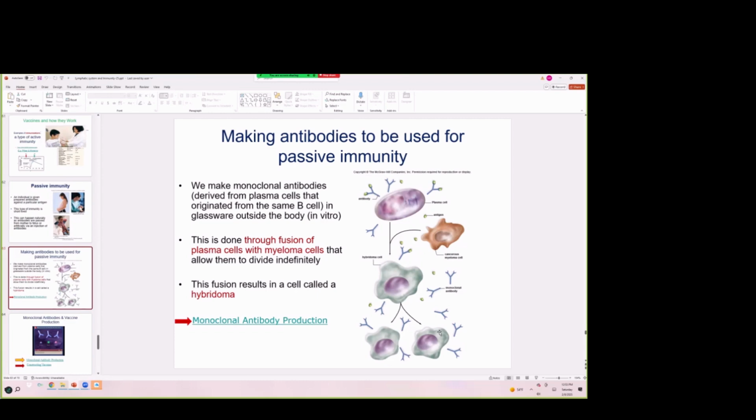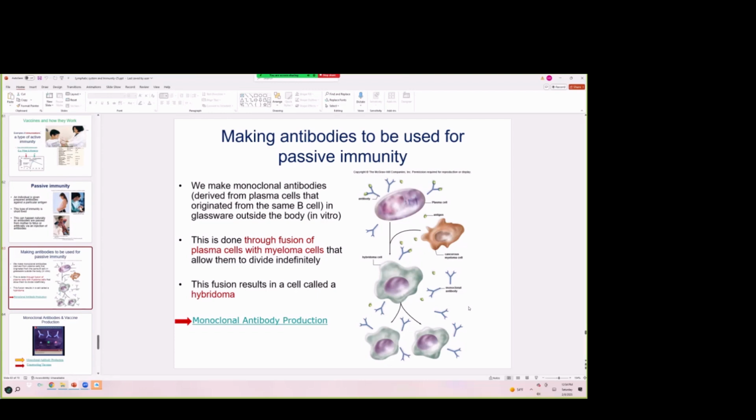So if somebody had a cancer cell, as I was indicating, a cancer tumor, they take some cells from it, they look at the B cells that are producing antibodies for those receptors on that cell, they grow them in the lab, fuse them with a cancer cell, and then produce many, many antibodies from it. And then they are able to take these antibodies and inject them into the person.